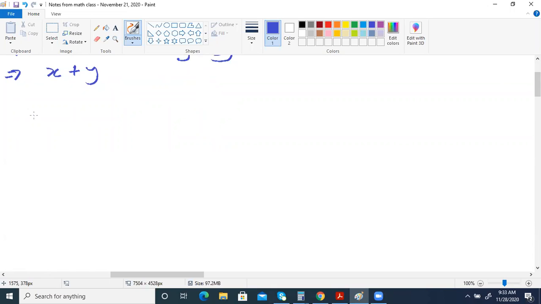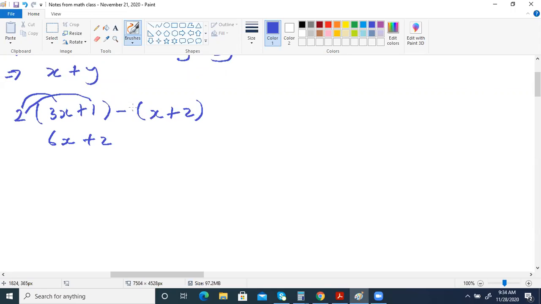So the next one, let me do the next one. Probably skip the third one. So the next one is the third one, 2y plus 3 open bracket y minus 1. All right, so I'm doing this now. So the 2 distributes to get the 6x plus 2. Then this is like a minus 1.